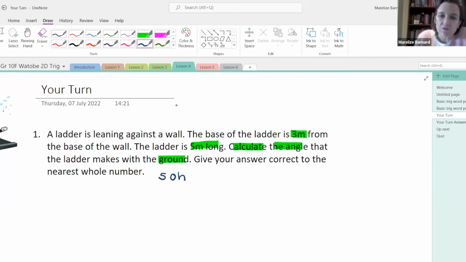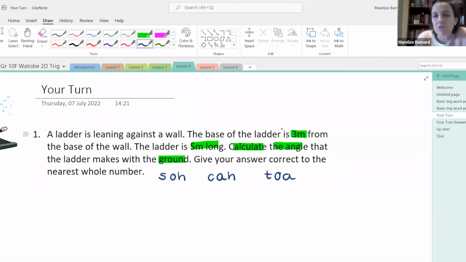If you've got two sides that are the adjacent and the hypotenuse, then you use cos. And if you have the opposite and the adjacent side, then you use tan. So it all depends on what sides you have.